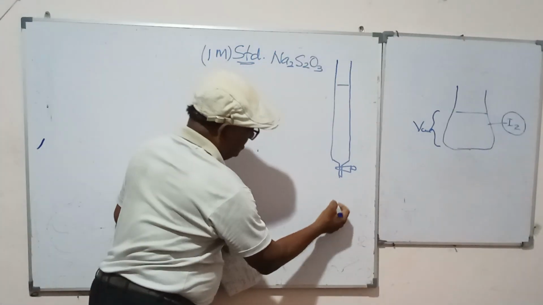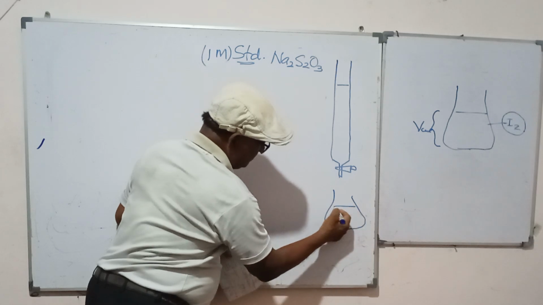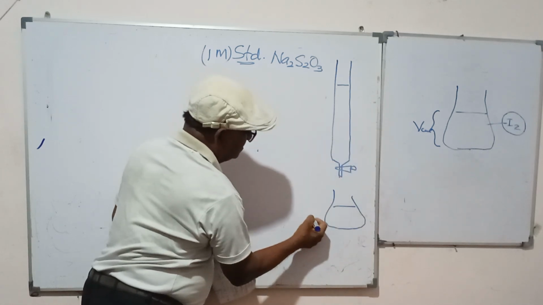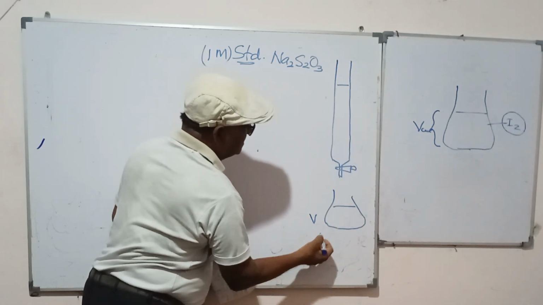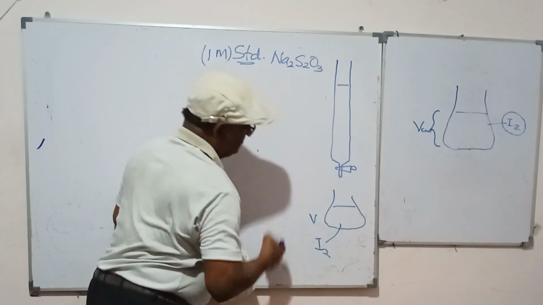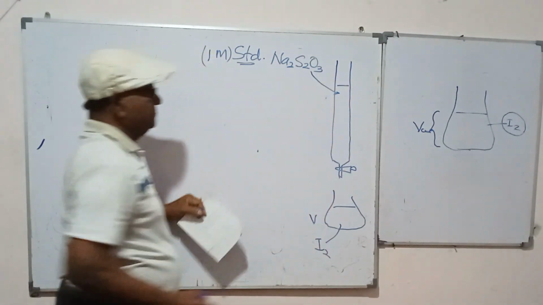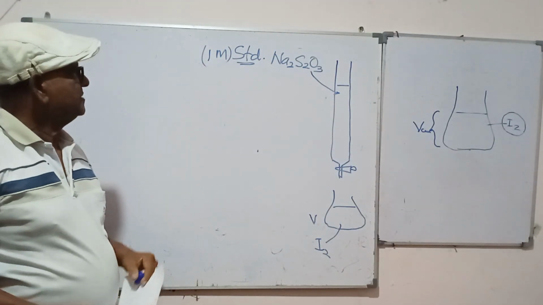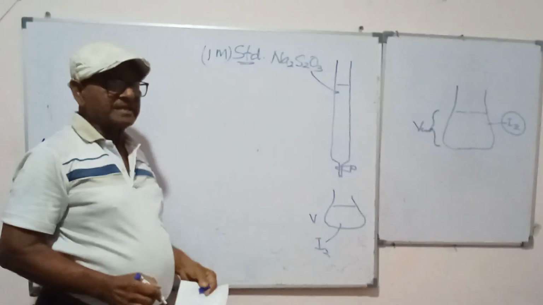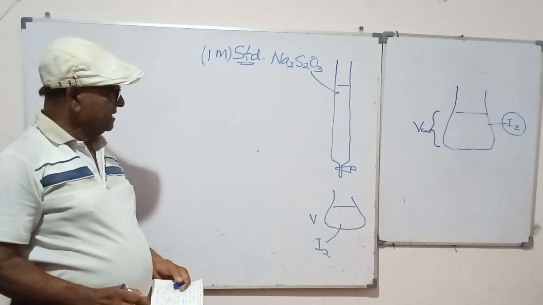This is the taken volume V. It has I2. The burette is filled with 1 M sodium thiosulfate aqueous solution.